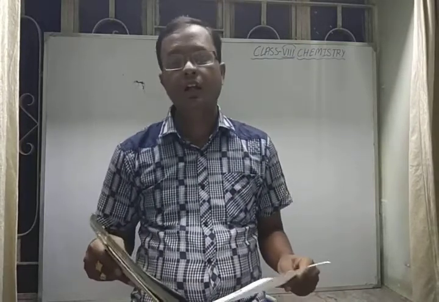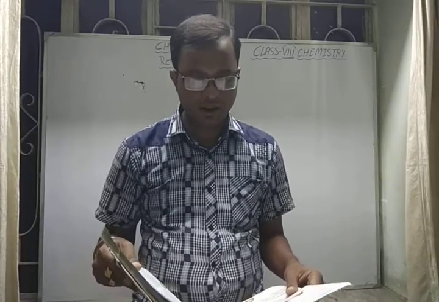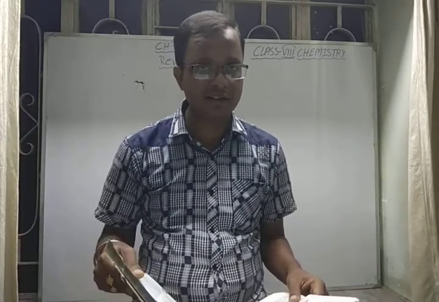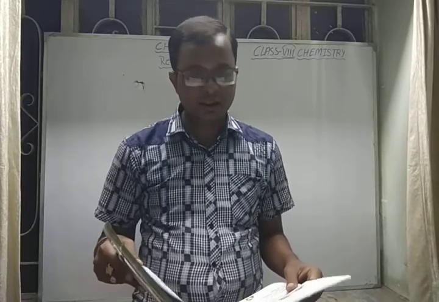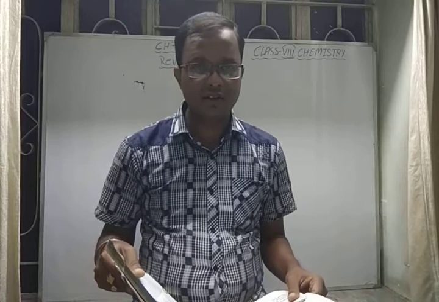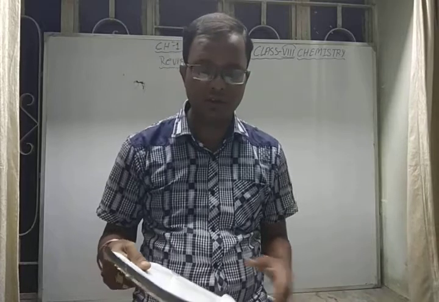And gases neither have fixed shape nor volume, they occupy the entire space available to them. Okay, density. Solids have the highest density compared to liquids and gases. After that, liquids are less dense than solids, and gases are the least dense. Okay, and density means mass per unit volume.